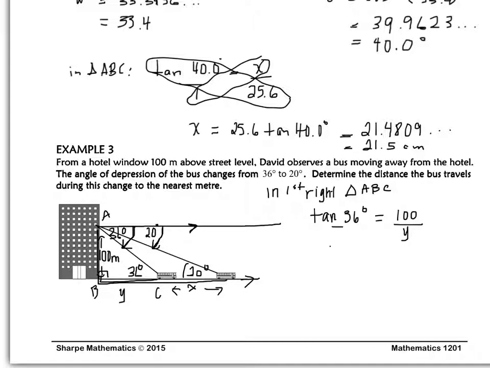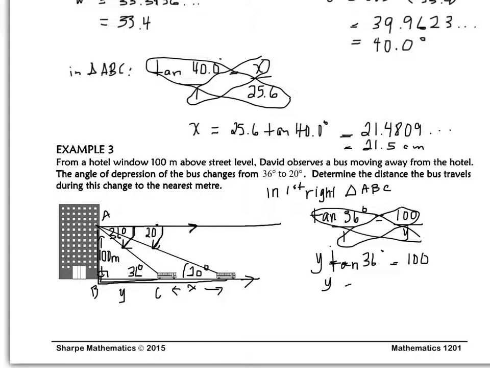And when we put that over 1 and cross multiply, we get y tan 36 equals 100.